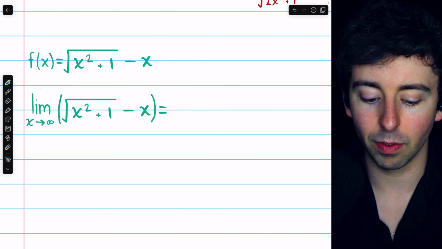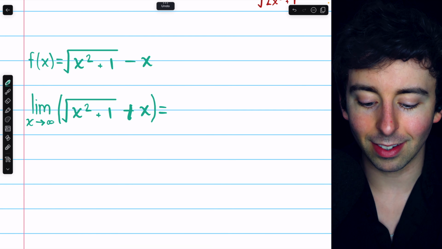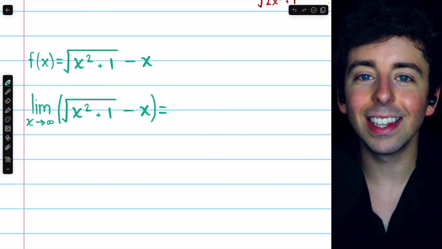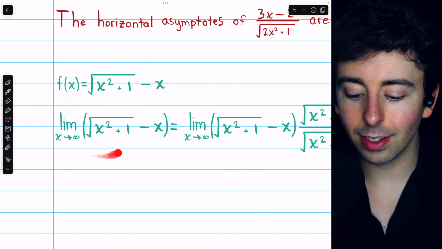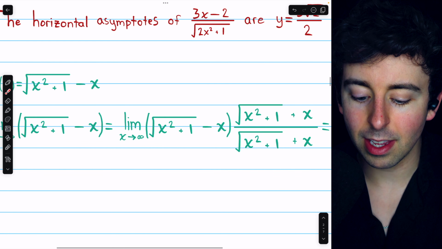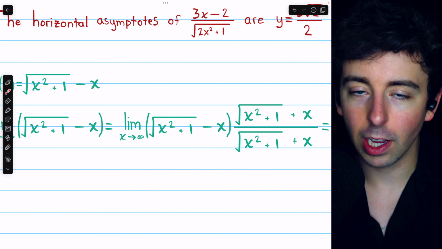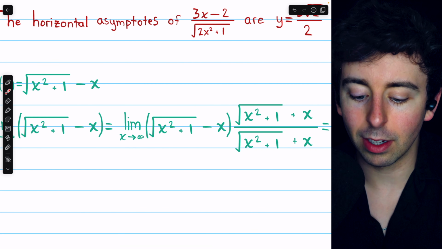The conjugate of this minus this is this plus this. And when we multiply by the conjugate, we get the difference of squares, which will cancel out that square root. So this limit is going to be the same as this one, where we have just multiplied and divided by the conjugate. Of course, multiplying and dividing by the same thing does not change the value of the expression.